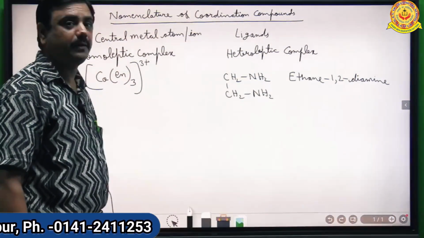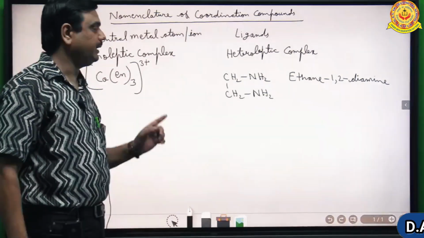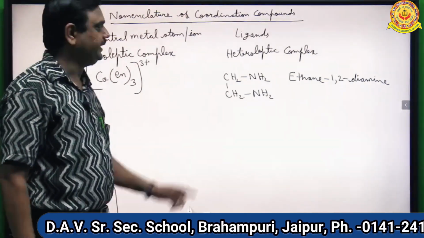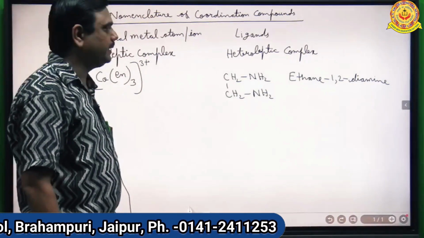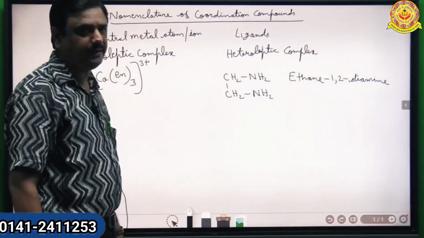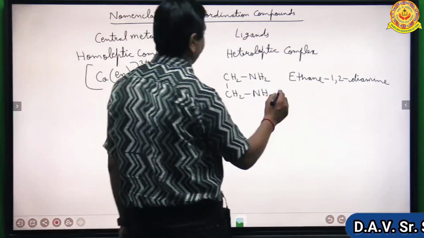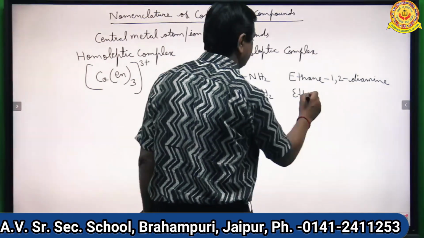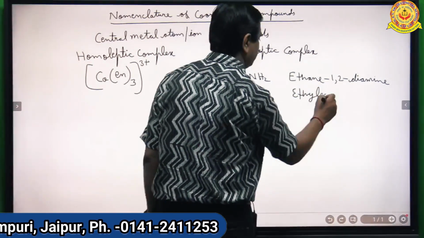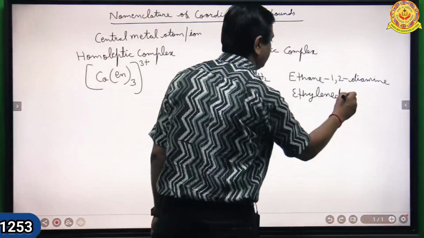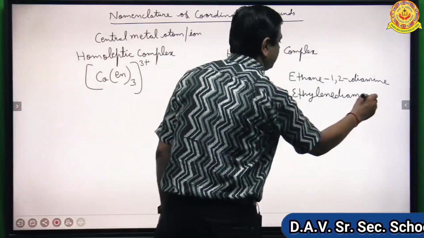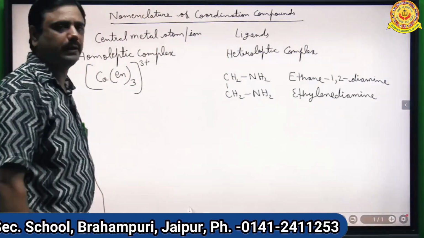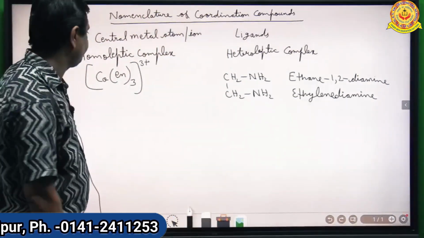NH2 is called amine. Check the spelling. In case of NH3 we have written ammine, AMMINE. In case of NH2 we write amine, AMINE. Okay, single M is there. It is also known as ethylenediamine in the common system.